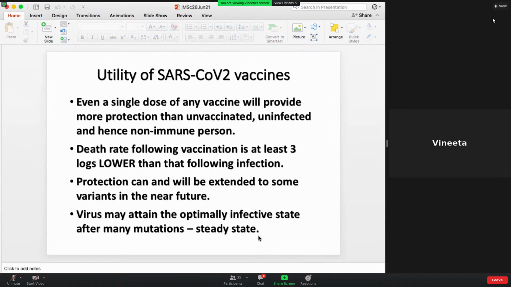What is the utility of SARS-CoV-2 vaccines against the original as well as the variants? What we know for sure is that even a single dose of any vaccine will provide more protection than unvaccinated, uninfected, and hence non-immune persons would have.